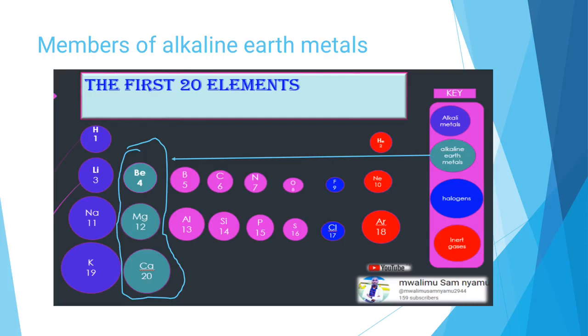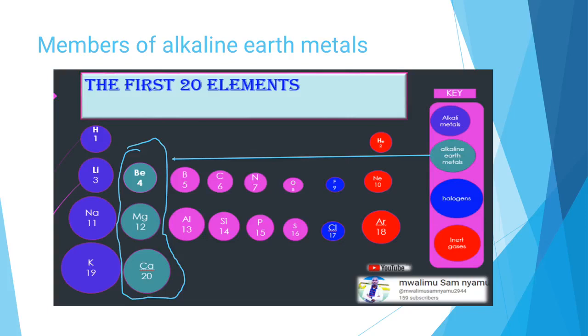The size of its atom is very small. And because of that, the particles are able to pack more closely and form a substance or a structure that is hard compared to calcium, which has a bigger size atom, and as a result, the particles of calcium are not able to pack more closely.